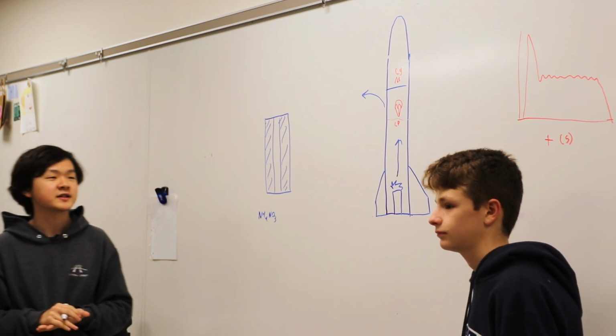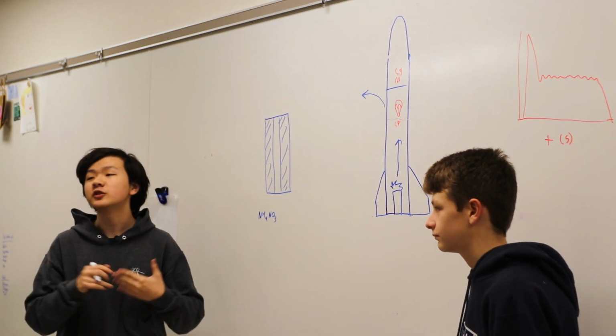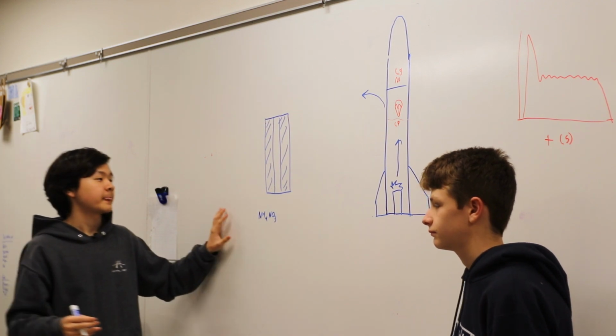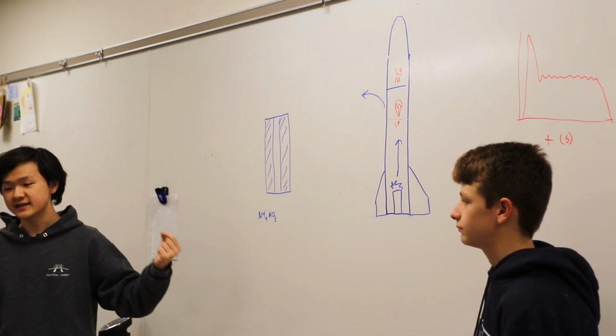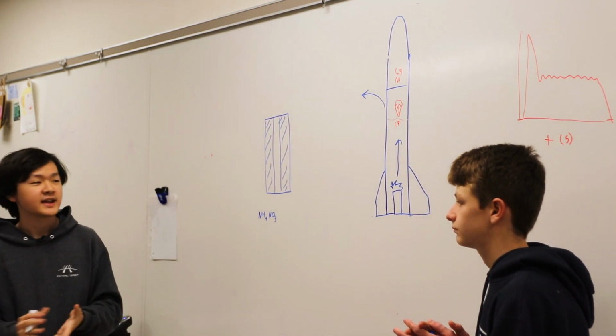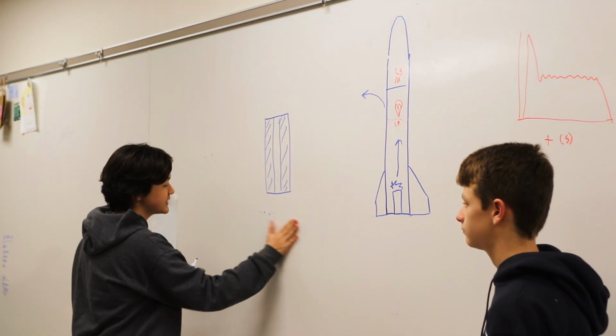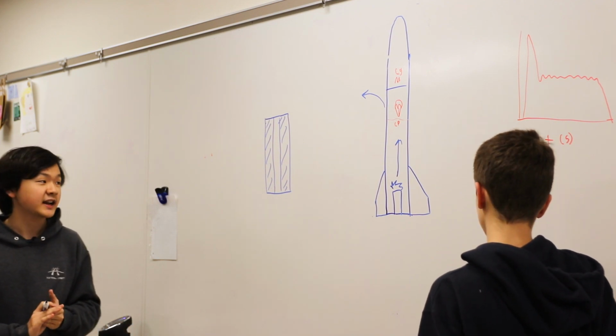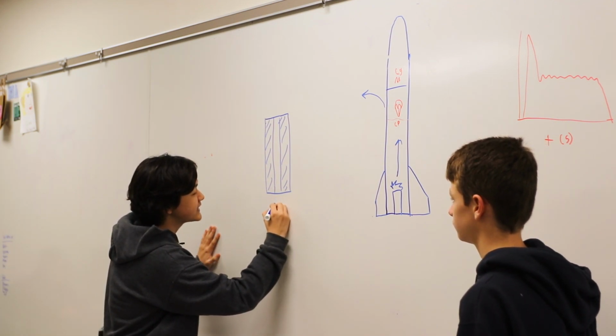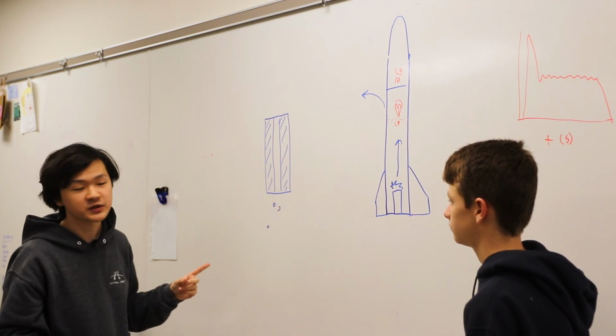You may know it in general terms as burning a fire: oxygen is reacting with, for example, wood, and that causes it to release energy. This energy gets converted into kinetic energy by expelling gases that are a result of this reaction.